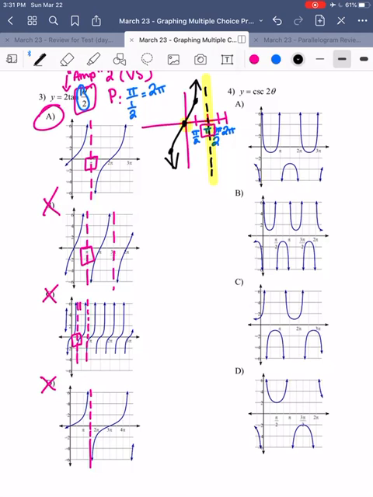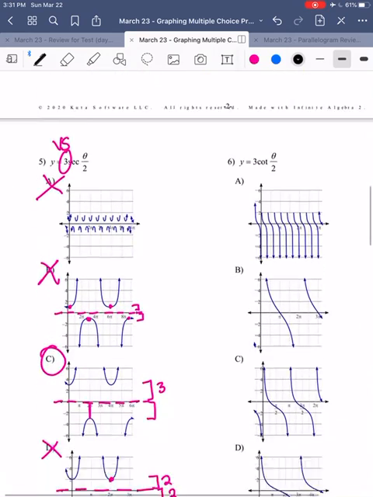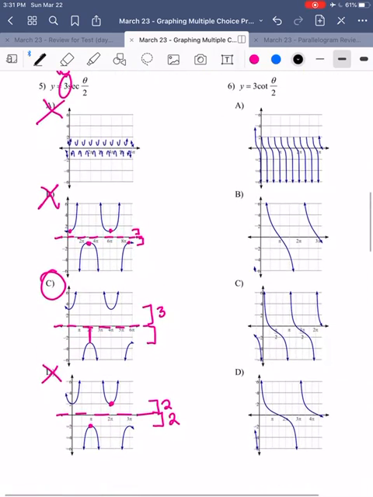Now this one is a little tricky because you need to draw in your asymptotes. So make sure you kind of think that through. And actually, it's not terrible because there's no vertical shift. So that should help a little bit as well. All right, number 6 can be a little tricky because it's hard to tell the quote-unquote amplitude here of 3.